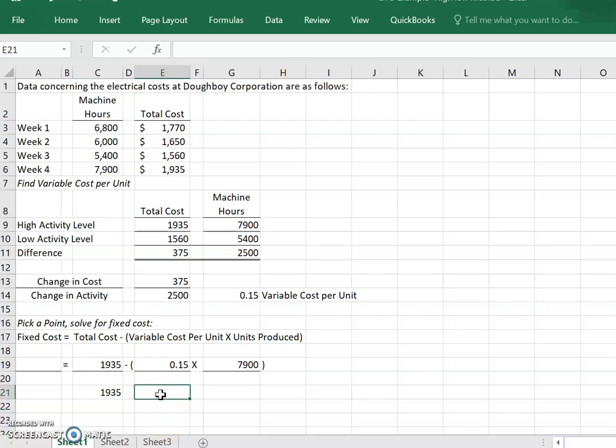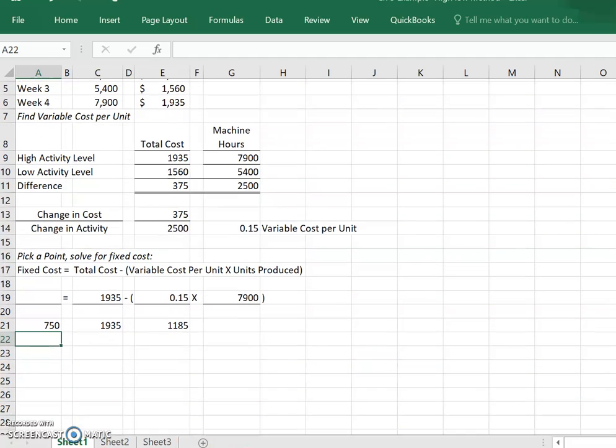And I'm going to then multiply my variable cost per unit by my activity level. And if I subtract these two, which is what I need to do, it's going to equal my fixed cost. Now I know that my fixed cost is $750.